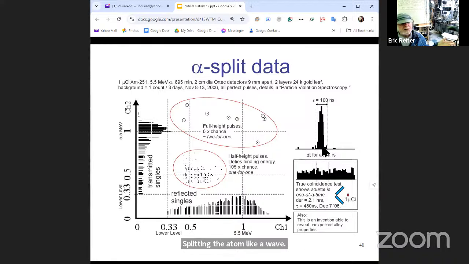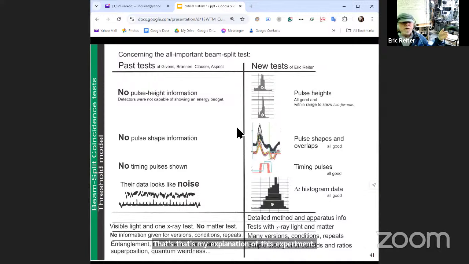The matter wave can split, and it's loading up helium into everything. It's saying everything has heliumness in it that gets to load up to a threshold and show itself as helium. That's my explanation of this experiment. I'm sticking to it.